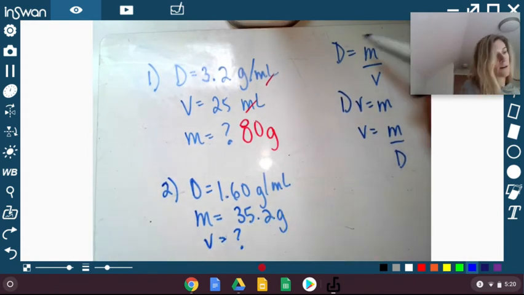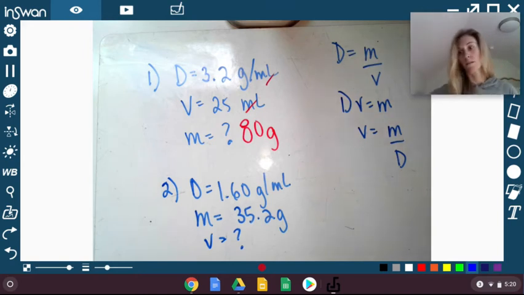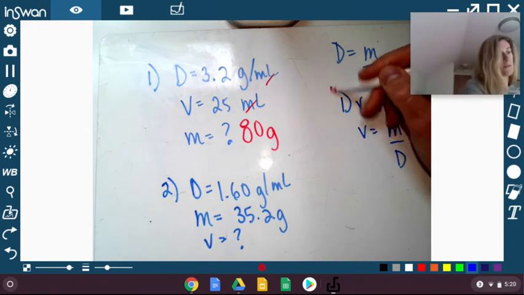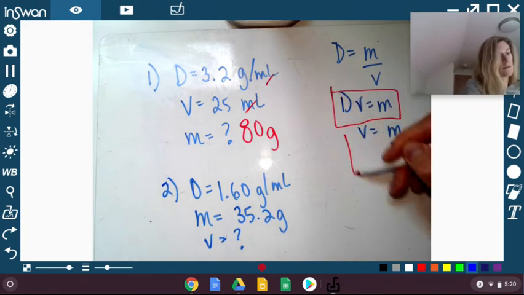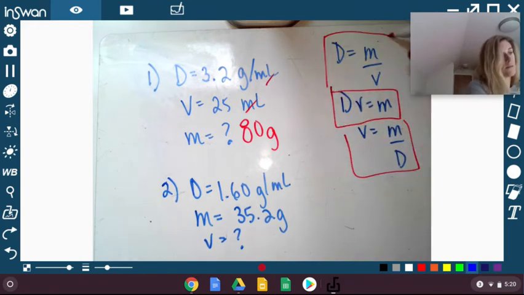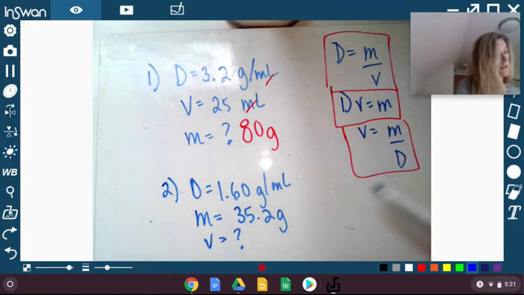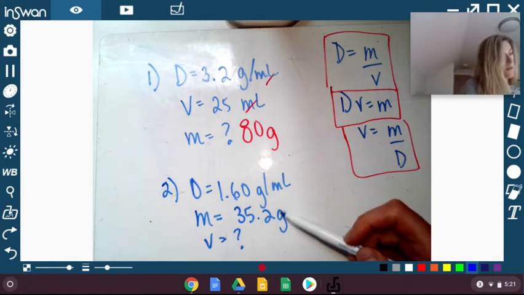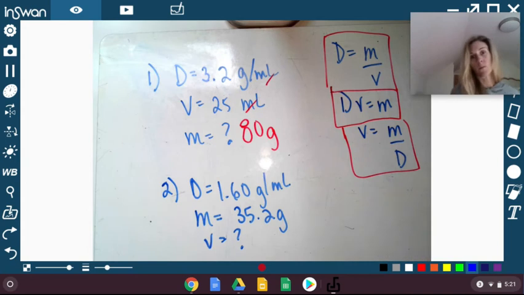So if you look at all our possibilities, and you can write these all down if you want, we derive these two from this one, just rearranging to isolate variables. Finding volume is right here. We're going to take mass over density. So it's going to be 35.2 divided by 1.60.